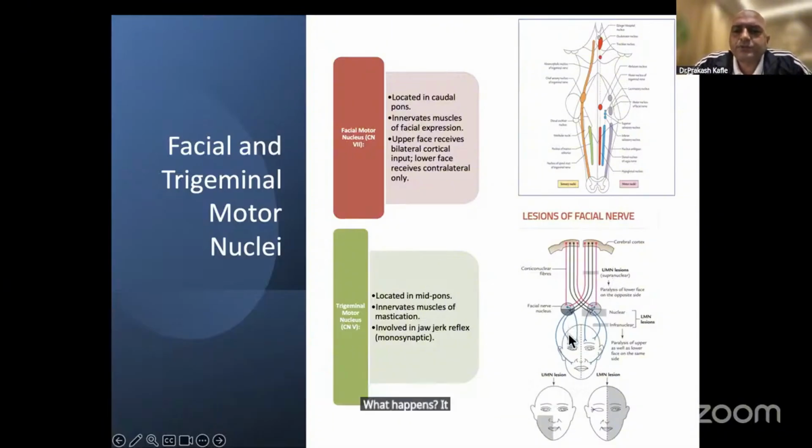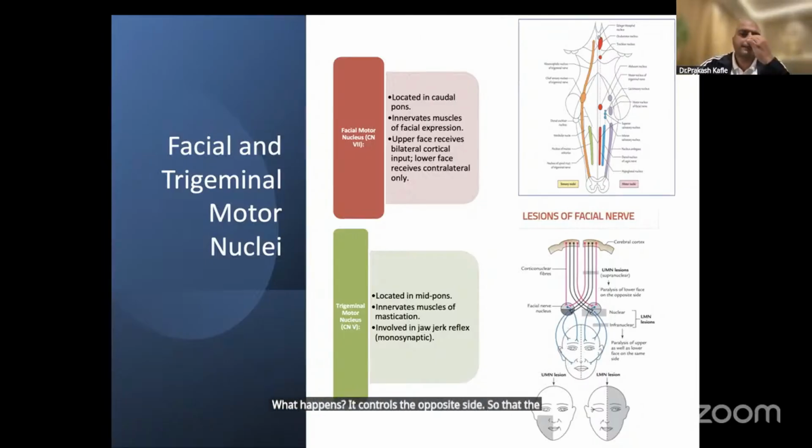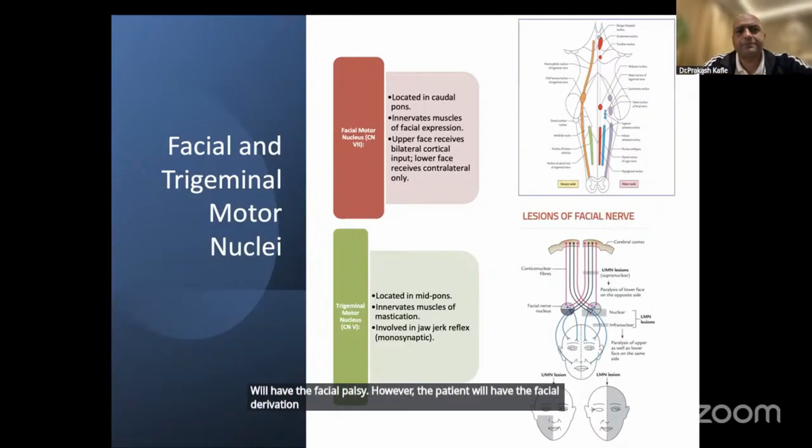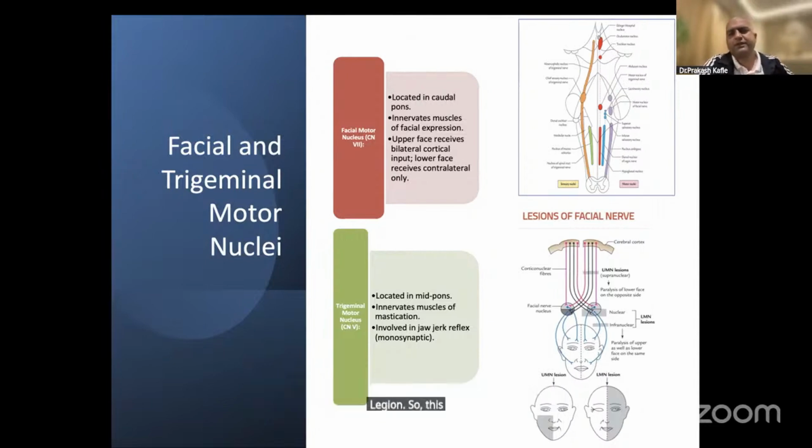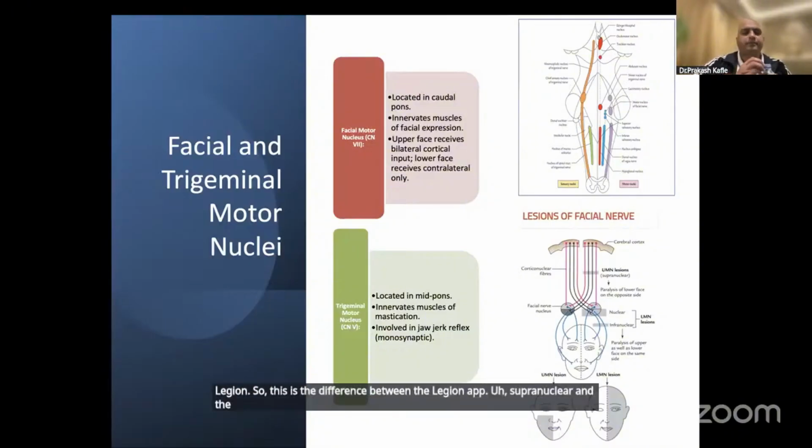It controls the opposite side, so the side opposite to the lesion will have the facial palsy. However, the patient will have the facial deviation toward the same side as the lesion. So this is the difference between a supranuclear and an infranuclear lesion.